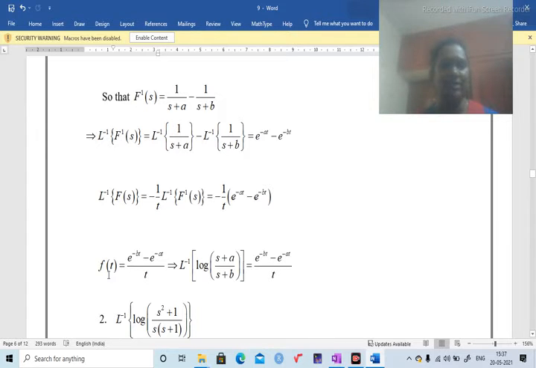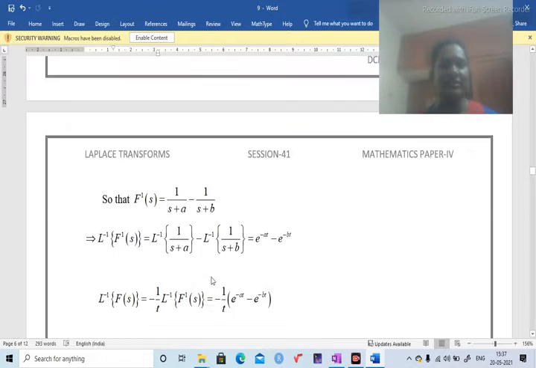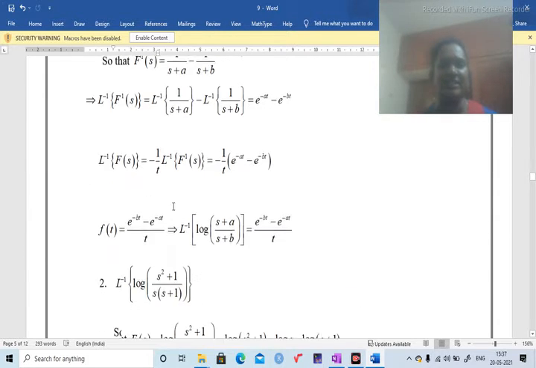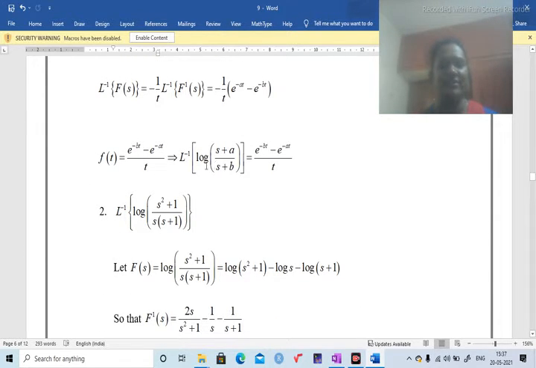So f of t means L inverse of log f of s. L inverse of f of s, where f of s is log of (s plus a) by (s plus b). This is the answer for the given function inverse Laplace transform.